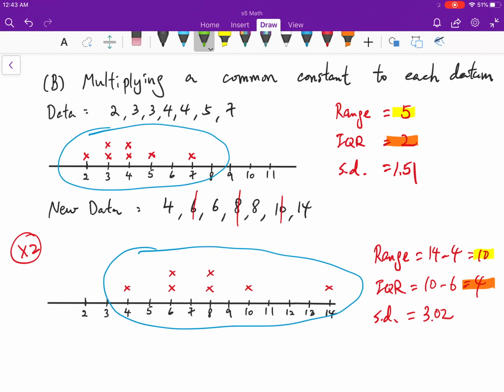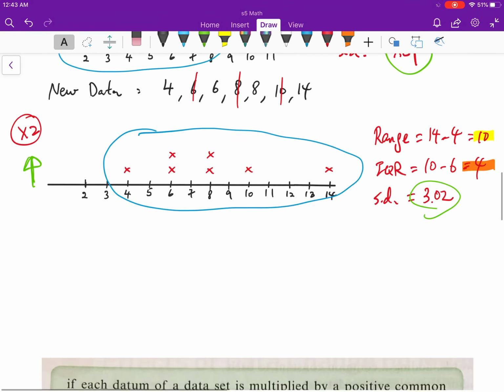So what you observe from this data is that for the new data, the range, the IQR, and the SD are double the previous one, right? So it's related to the multiplication by 2.